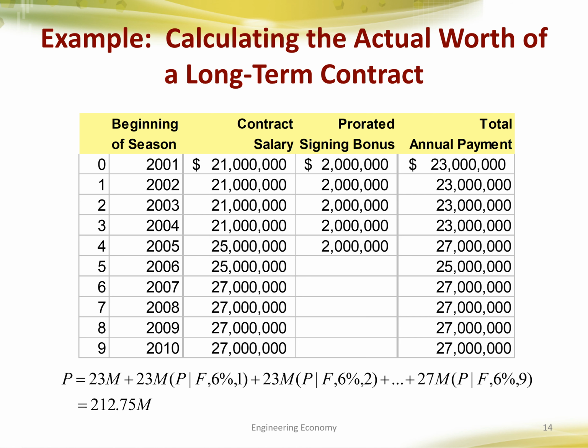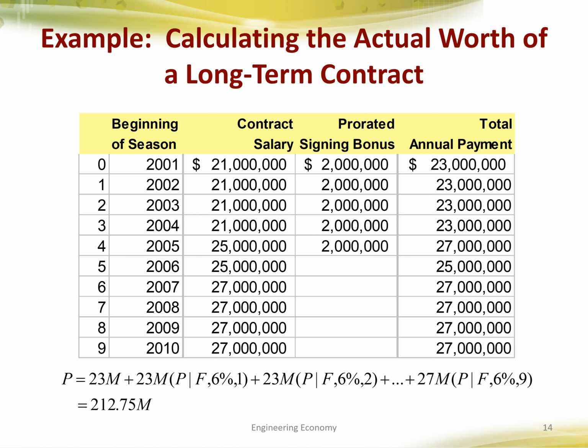So the first one is 23 million. The second one will be given F5P and still use a fixed interest rate, which is 6%, and it should be moved 1 year or 1 period earlier. So you get 1 here. And then the next one will be again given F5P and 2 periods and so on.